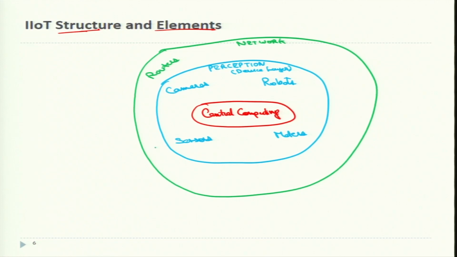Routers connect to Wi-Fi. That means we have Wi-Fi here. We have maybe other connecting technology like Bluetooth or any other transmission technology. So this is the network layer.